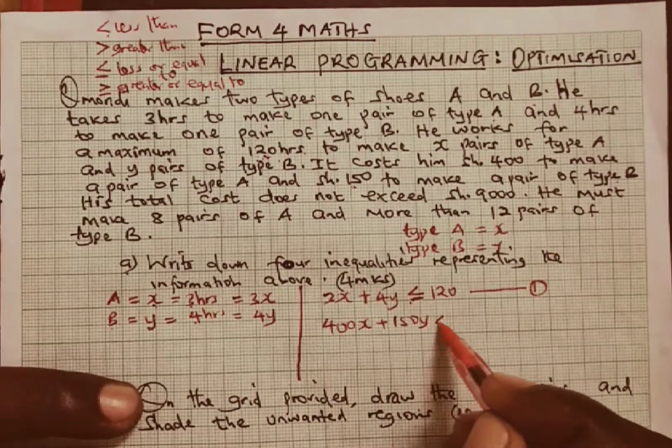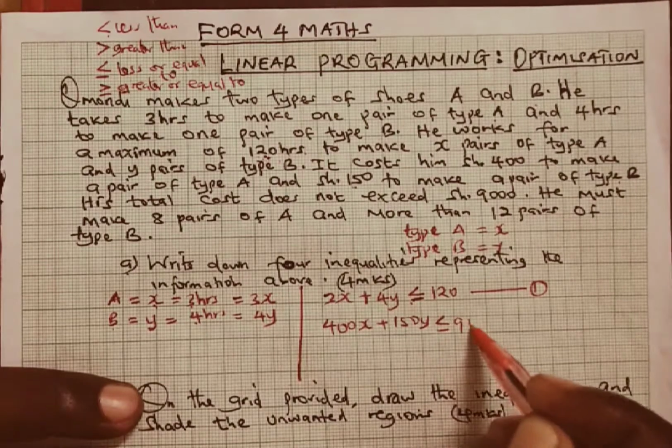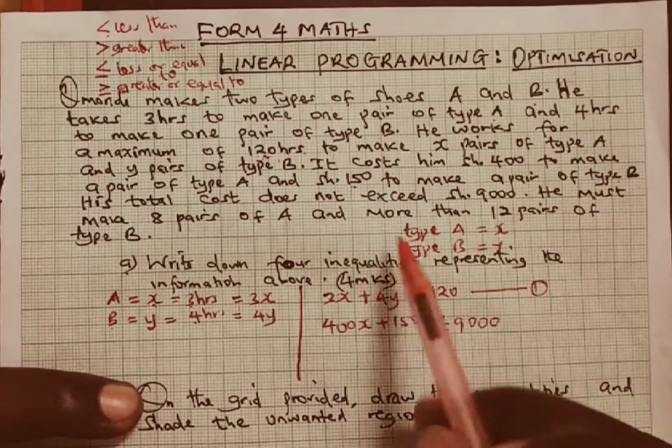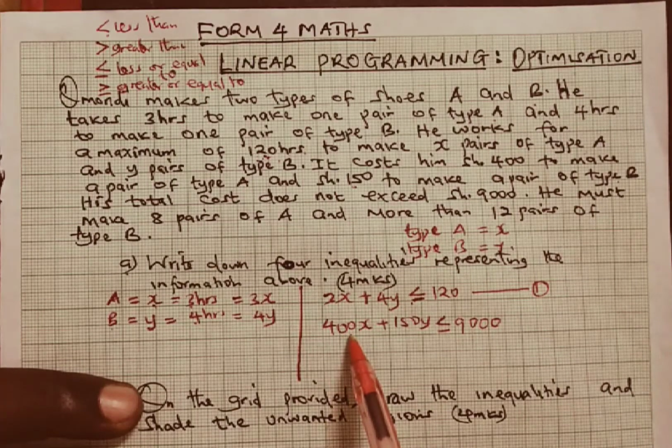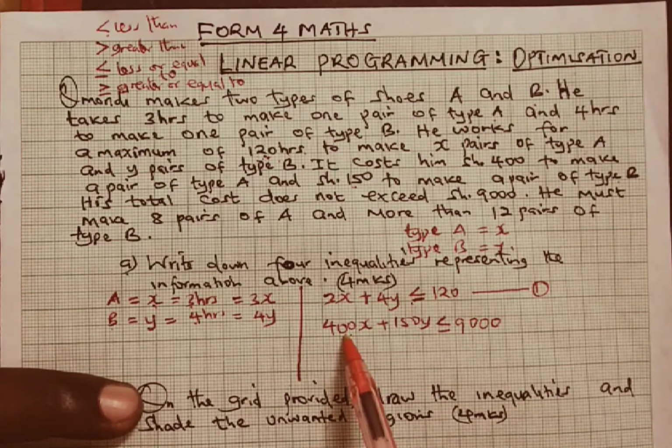That means again we are going to use less or equal to 9,000. Sorry. So we can now simplify this further by using the common factor here.